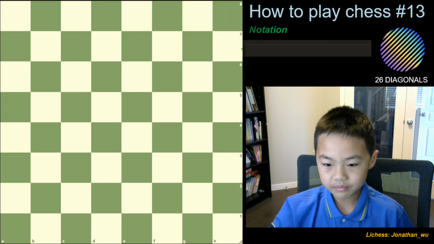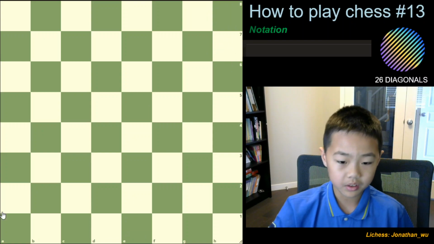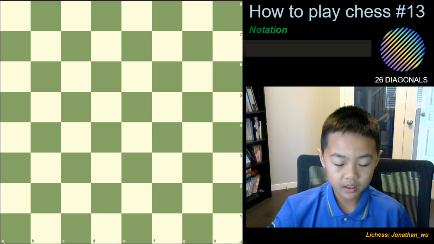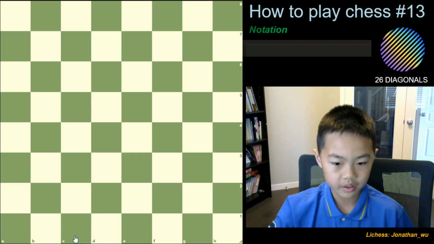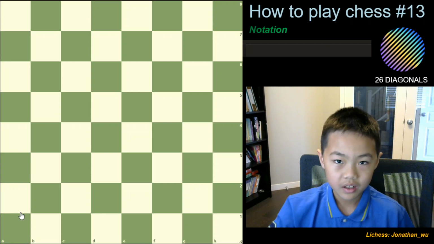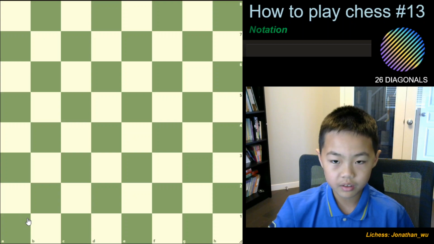So here we will be talking about the coordinates. The language of chess is basically, if you're going to describe where your piece is moved, this is how you do it, with chess notation. The most commonly used one is called algebraic notation.